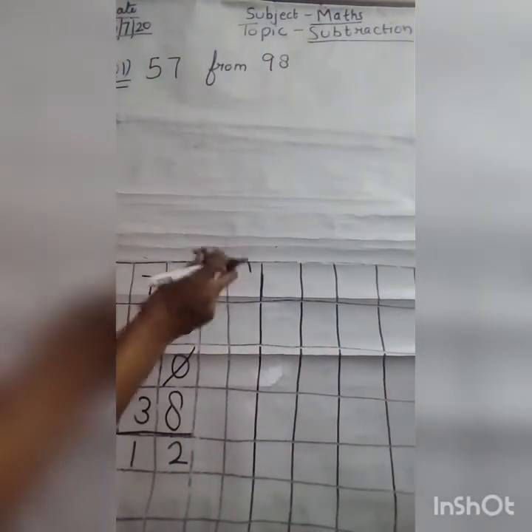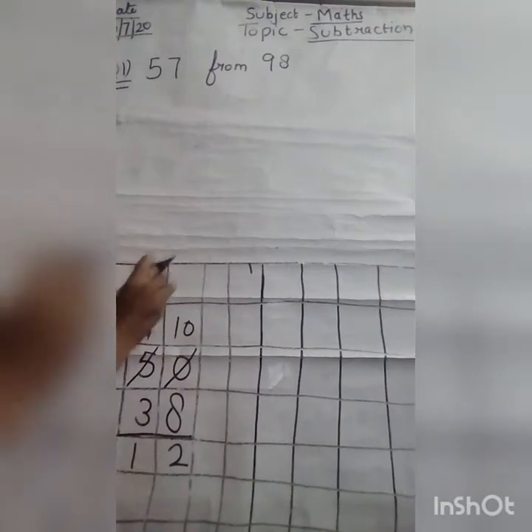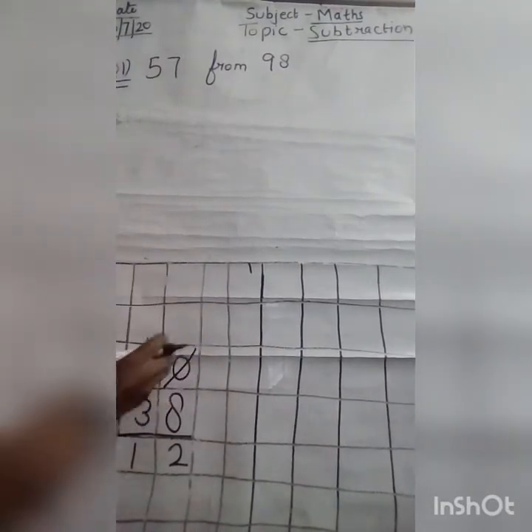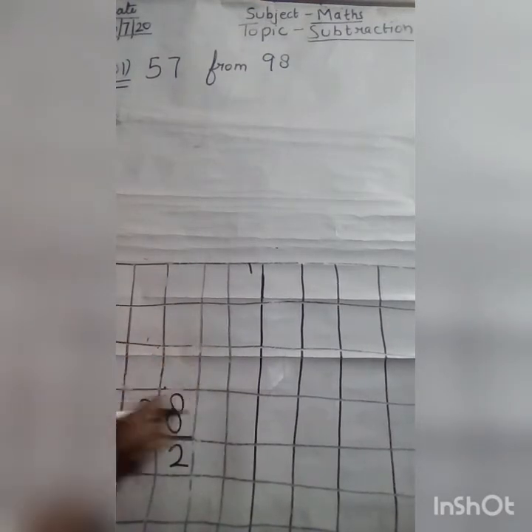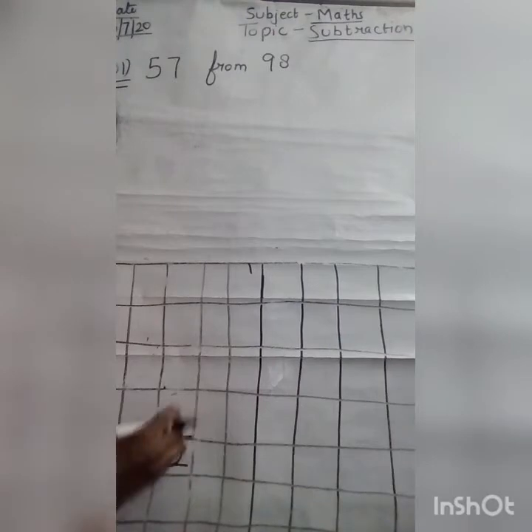Children, firstly tell me which number is greater, 57 or 98? 98 is the greater one, as you know.